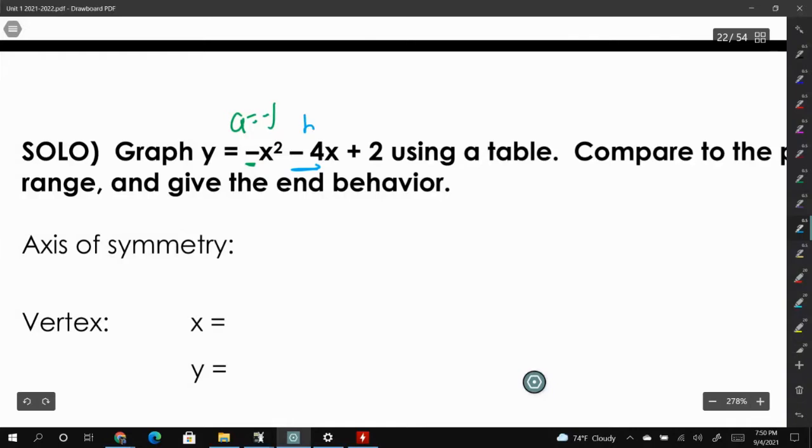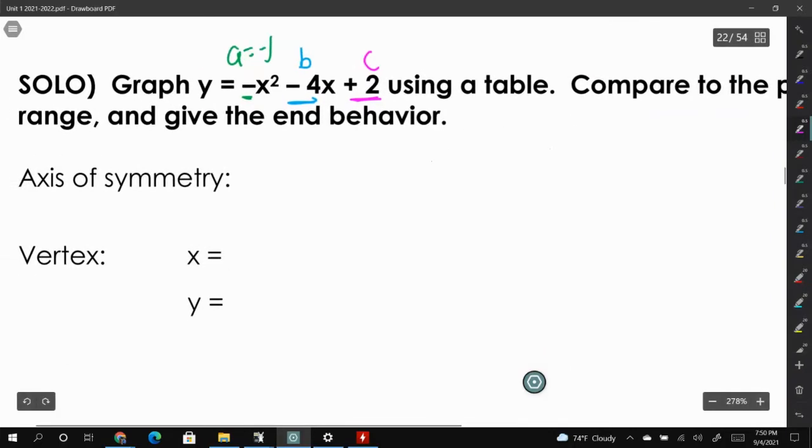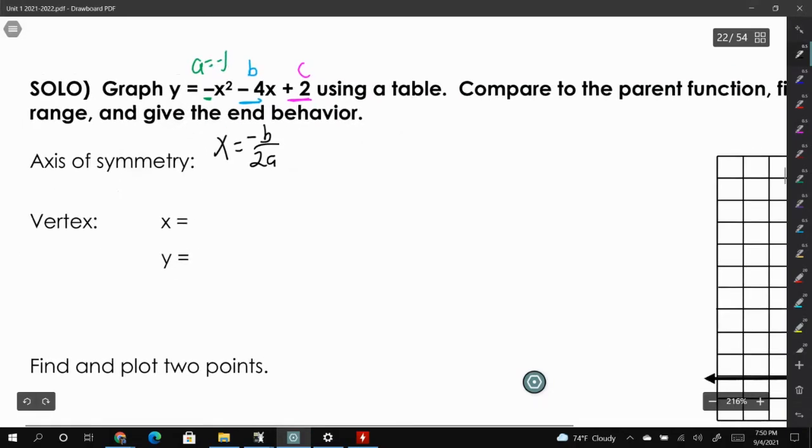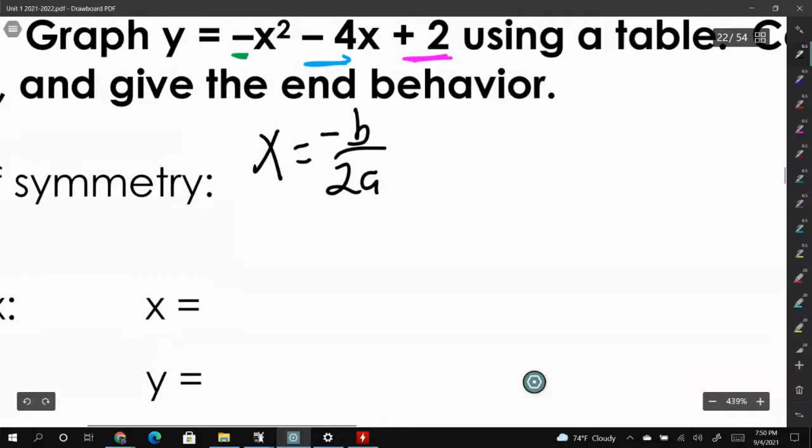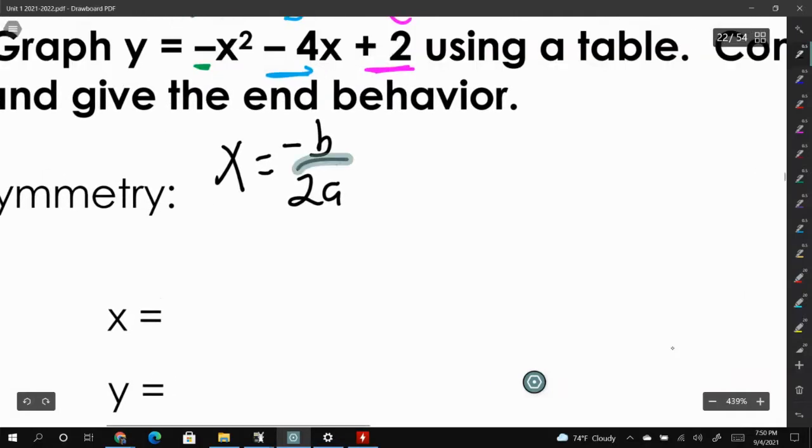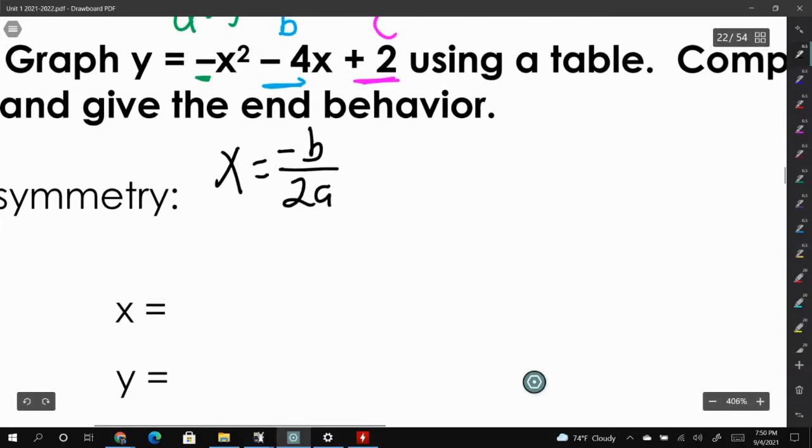Your b value is -4. And c is 2. c is always a number that has no x with it. The axis of symmetry is x equals -b over 2a. I always like to write down the formulas when I use them. That way I am more likely to memorize it when I need to.